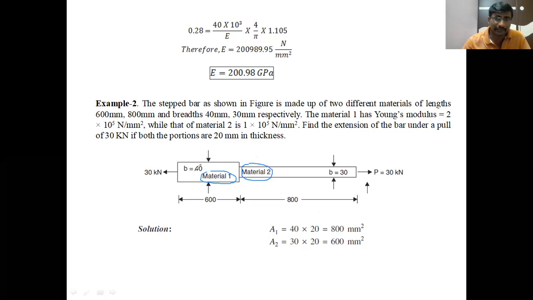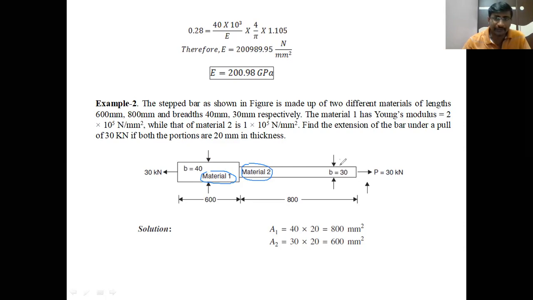Material 1 having the larger breadth, that is 40 mm, and material 2 having the smaller breadth, 30 mm. Both are having the same thickness, 20 mm. That means the given member is of rectangular cross section. And material 1 has 600 mm length, material 2 has 800 mm length.